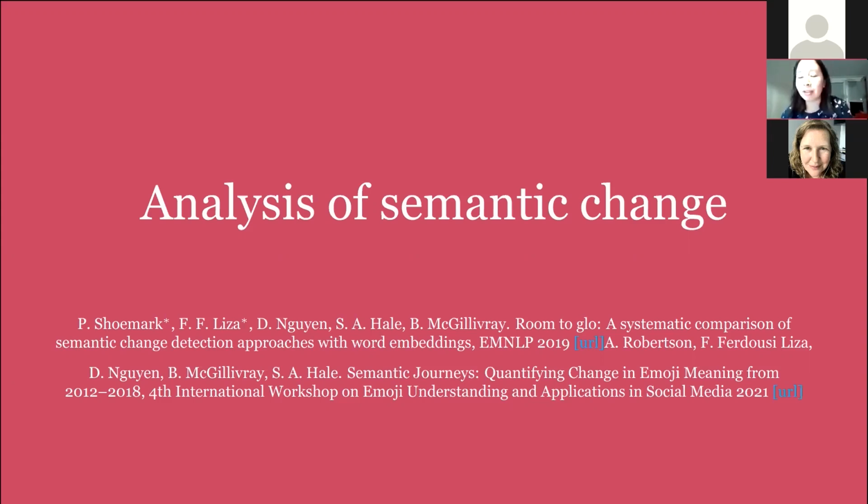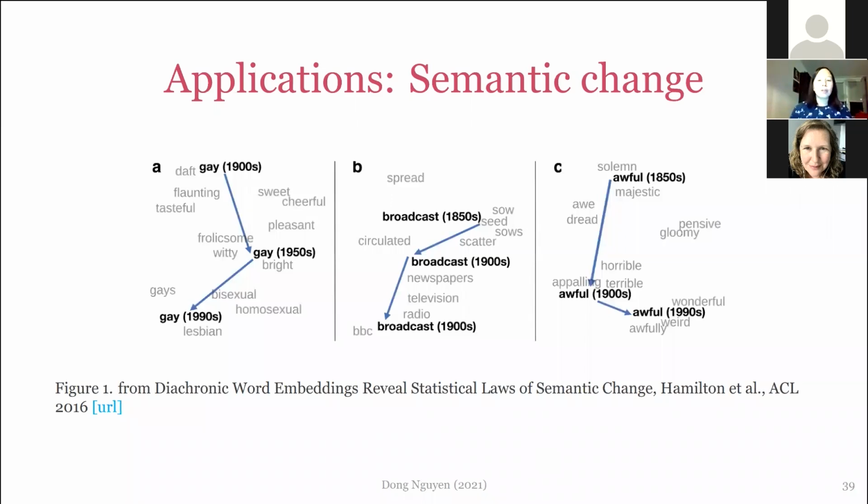I'd like to give some examples from this particular study, but for the word embeddings and biases, there are a lot of references there that you can take a closer look at if you like. So this is a study looking at how language is changing over time, right? Because we know that language is constantly changing due to different factors, and also the meaning of a particular word can change.